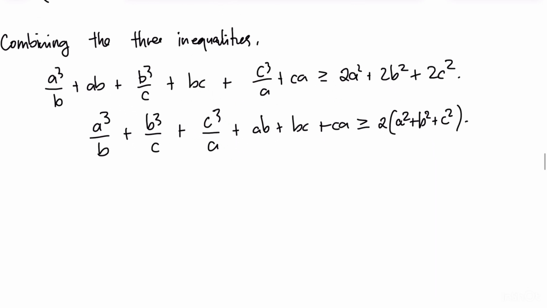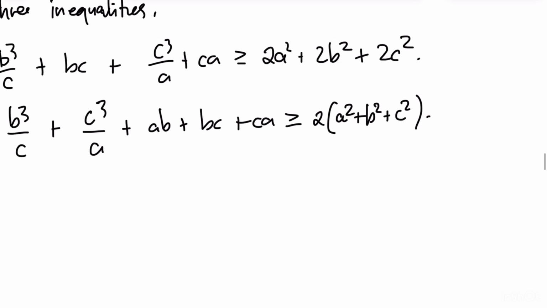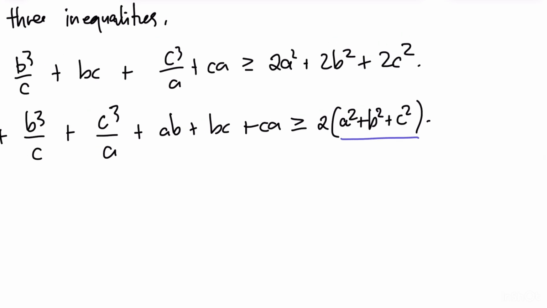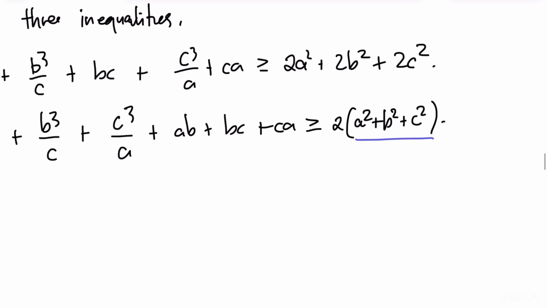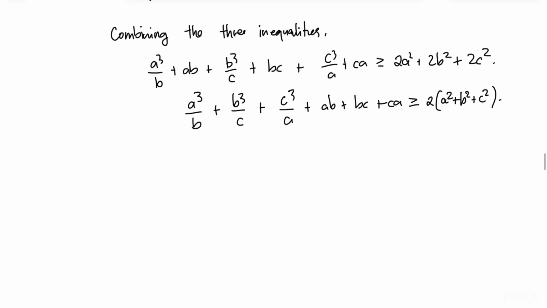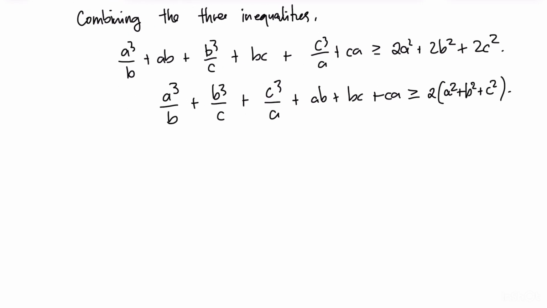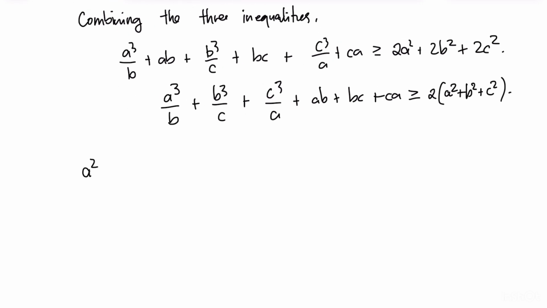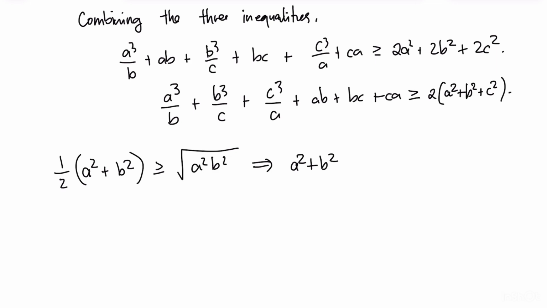Now I'm going to try to get something out of this a squared plus b squared plus c squared term. So we're going to use the AM-GM inequality again. I'm going to take the arithmetic mean of a squared plus b squared, which is greater than or equal to its geometric mean. This further simplifies to a squared plus b squared is greater than or equal to 2ab.